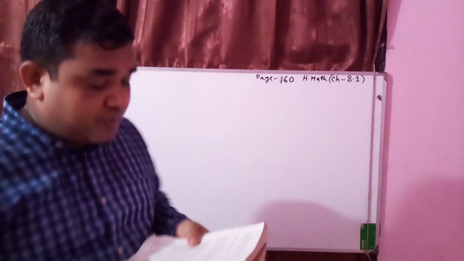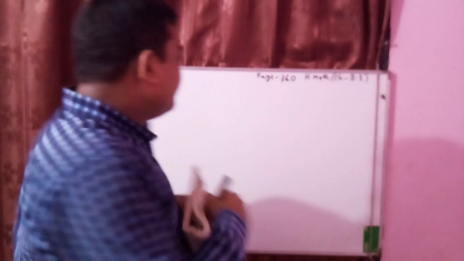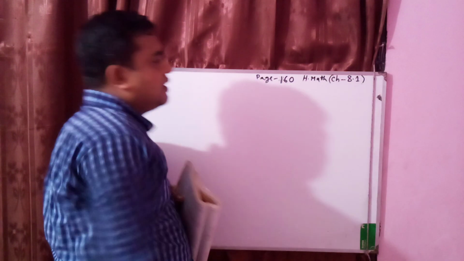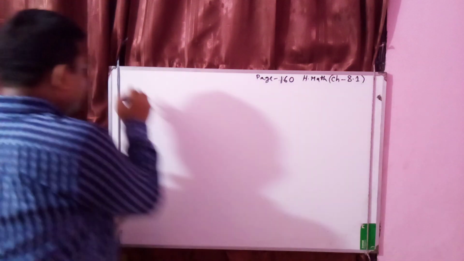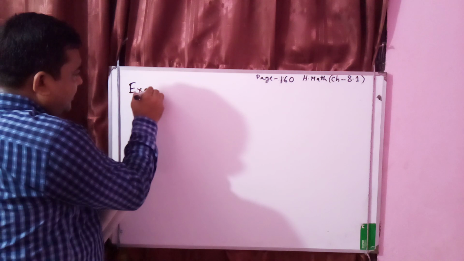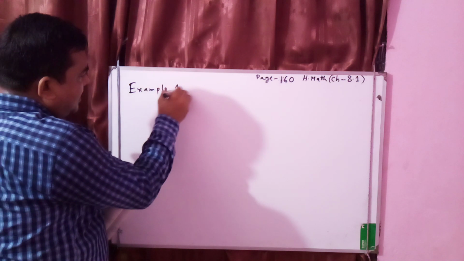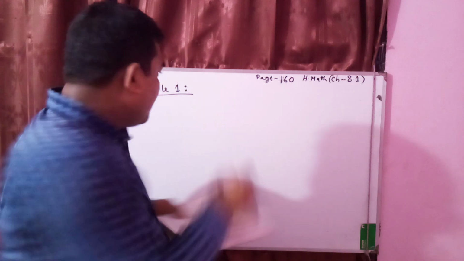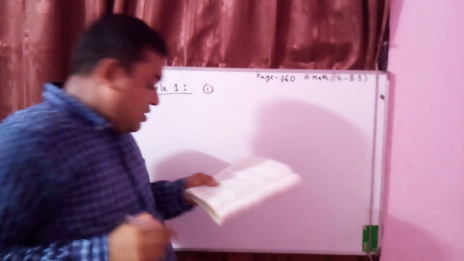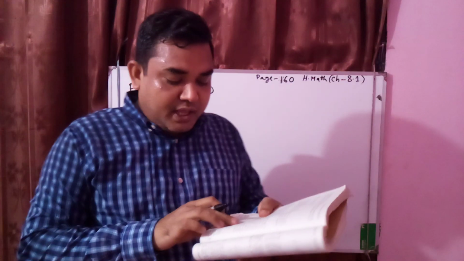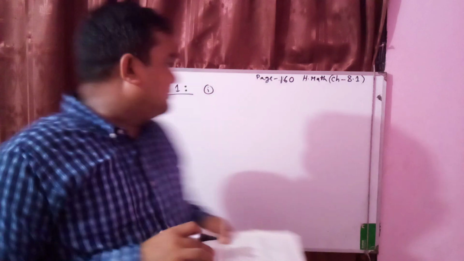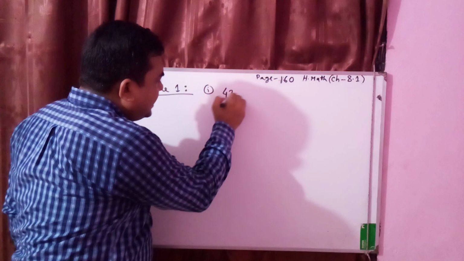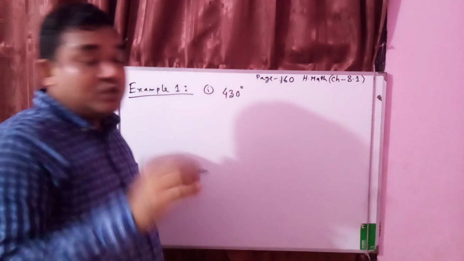My dear students, take your handbook and open your book to page 160. Now we see example 1, number 1: in which quadrant does the angle 430 degree lie?